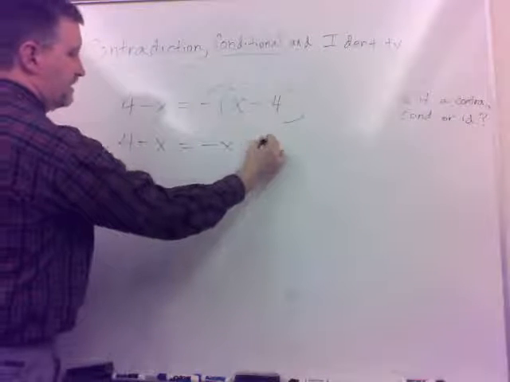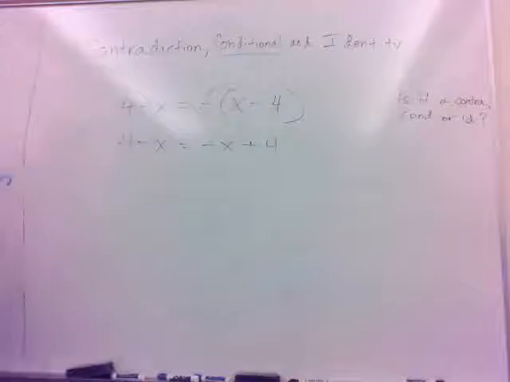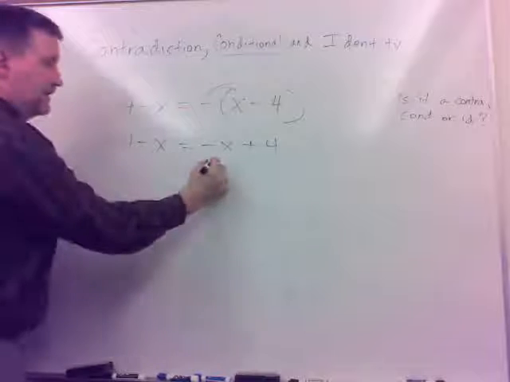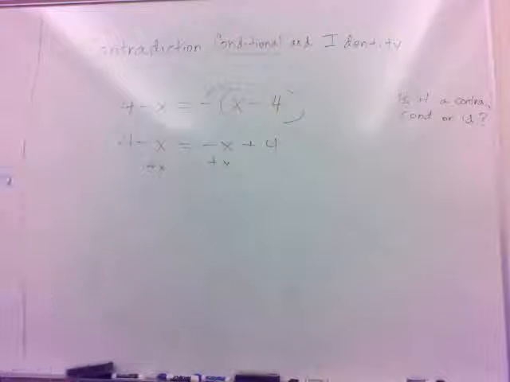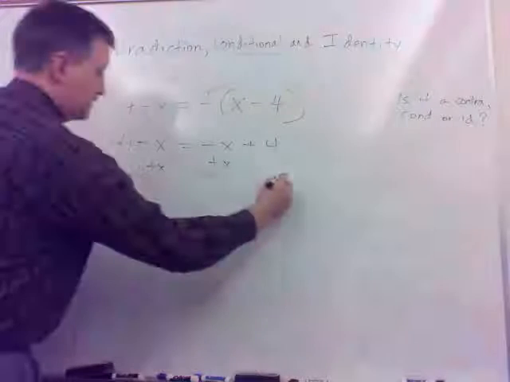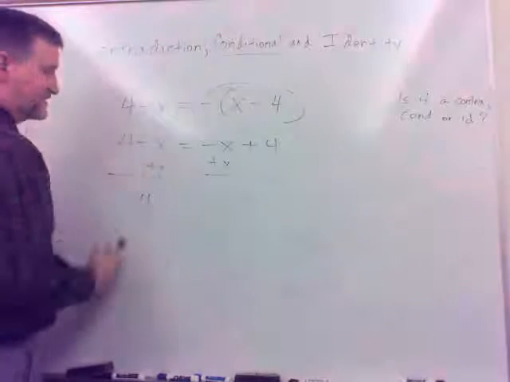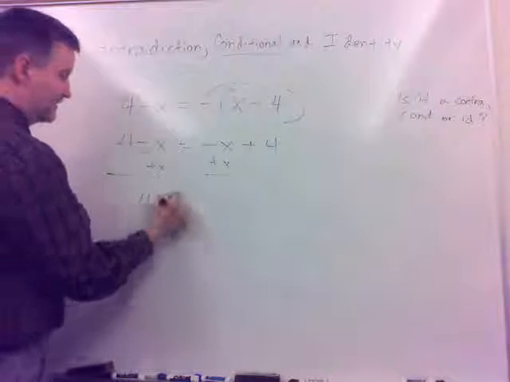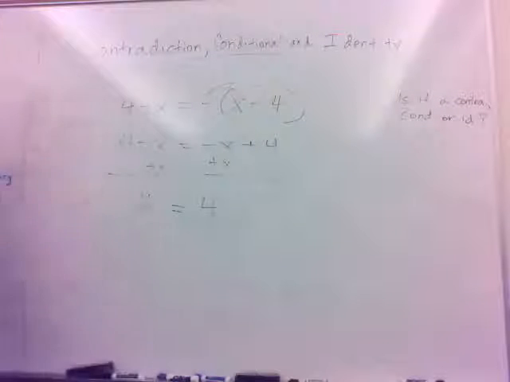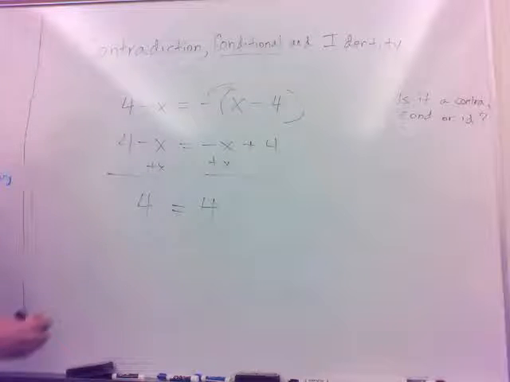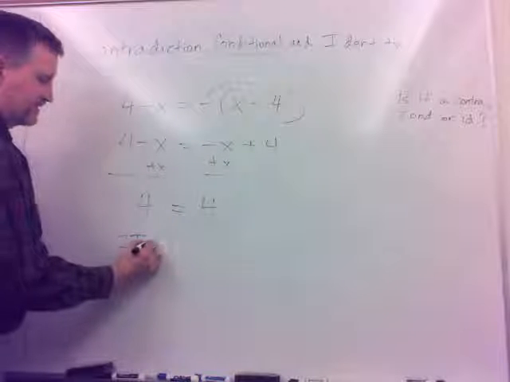Minus times minus would be positive 4. Add x to both sides. Minus x plus x, that's 0. So we just wind up with 4 here. Again, we got 4 equals 4. That is an always true statement. That's an identity.